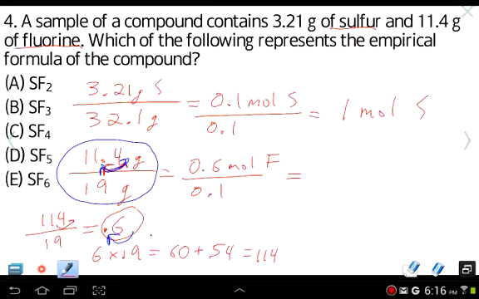Dividing by 0.1 is like multiplying by 10. In other words, dividing by a tenth is like multiplying by 10. You may remember from math that dividing by a fraction, 1/10, is the same thing as multiplying by its reciprocal, 10 over 1. And that's how you got 6 moles of fluorine. So it's a 1 to 6 mole ratio, and E would be the correct answer.